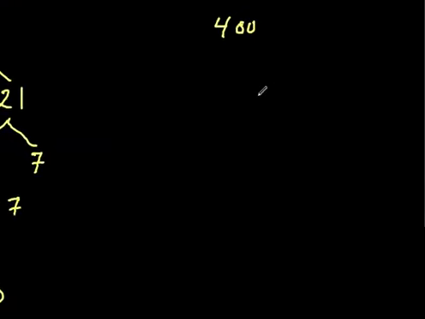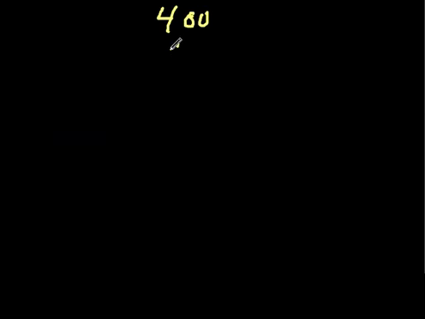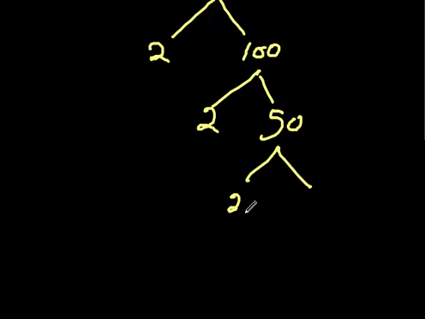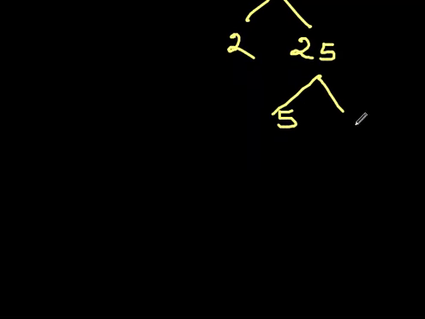Okay, with 400 what we do is, obviously, we've got to start with 2 times 200, then 2 times 100, then 2 again, 2 times 50. Now after that it's going to be similar, won't it? So what we do is 2 times 25 and 5 times 5.